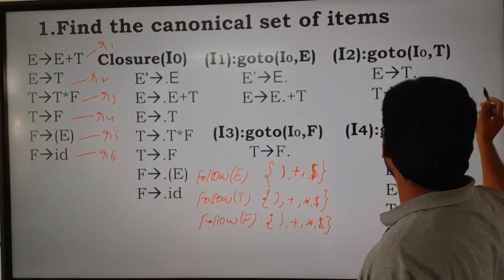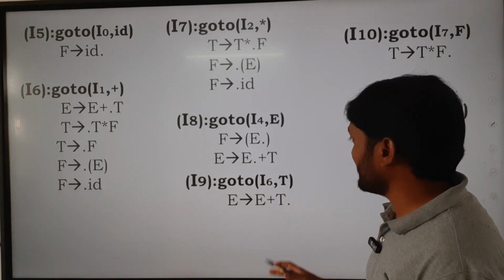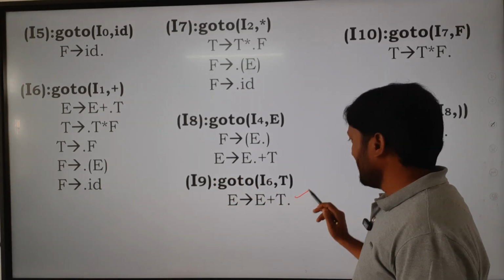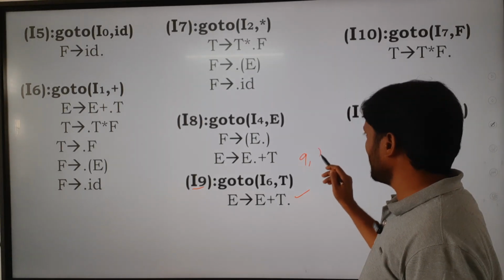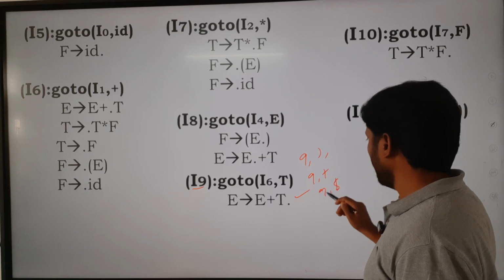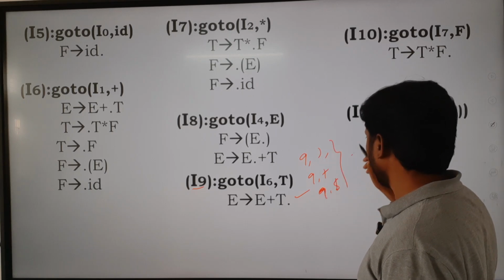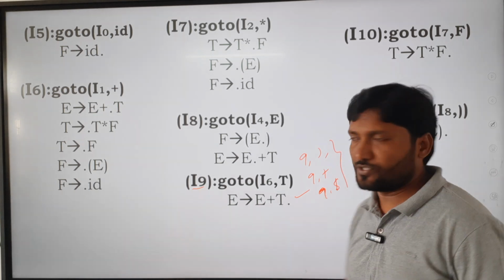Now check where it ends. That is F derives E plus T dot, and it ends in I9. That means 9 comma close bracket, 9 comma plus, and 9 comma dollar can be filled with R1, because it is the first reduce function.